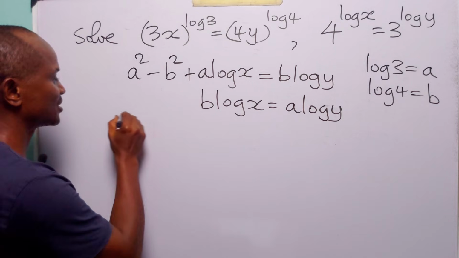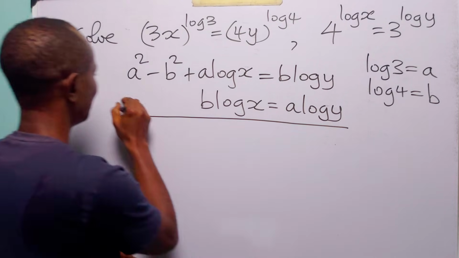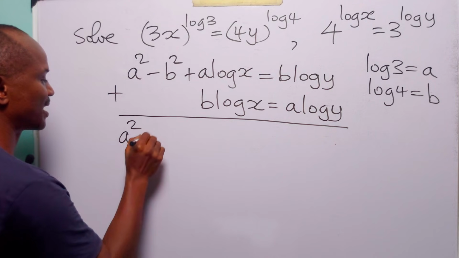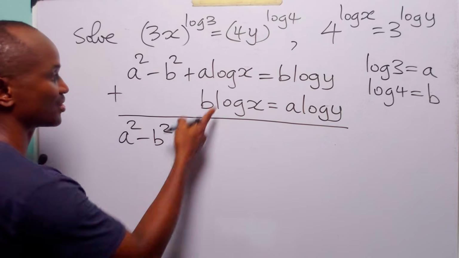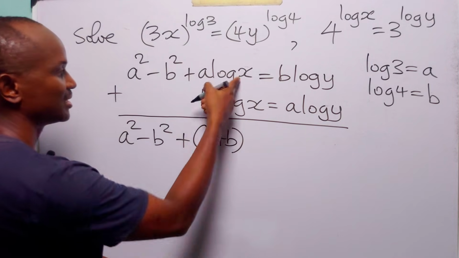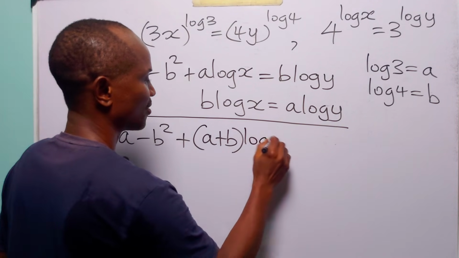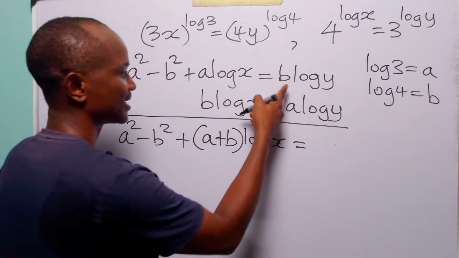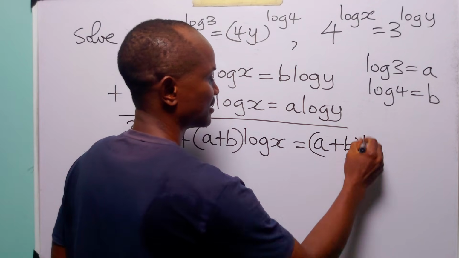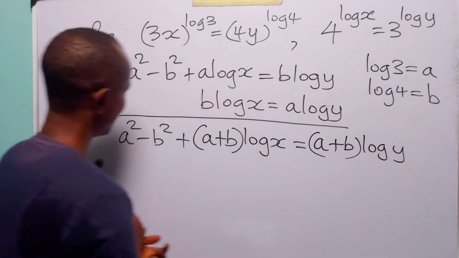Now to solve these equations, let us add both of them. When we do that, here we have A squared minus B squared plus, this is going to give us (A plus B) times log x. And this is equal to (A plus B) times log y.